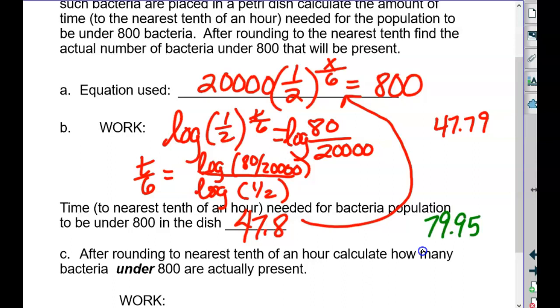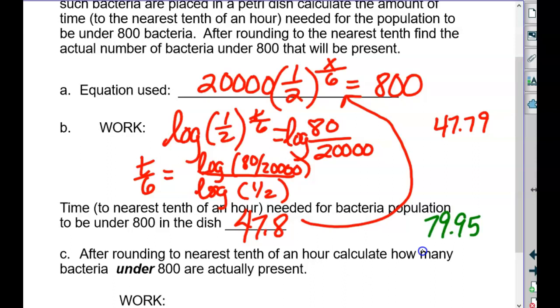Log of 80 divided by 20,000. 4 zeros, right? Okay. Divided by the log of 1/2. And then times 6 is 47.9. Okay, maybe when I typed it back in, I didn't type it right.